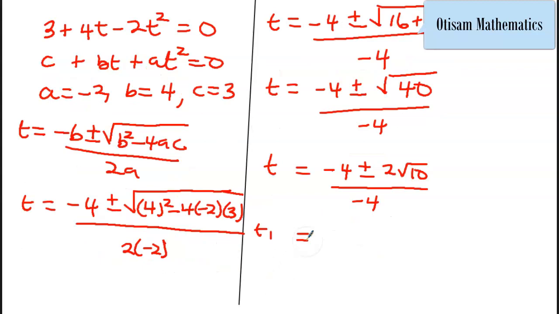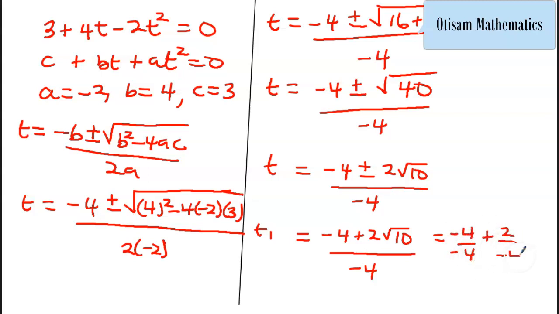So t1 is equal to minus 4 plus 2 root 10 over minus 4, which is minus 4 over minus 4 plus 2 over minus 4 root 10. So we are getting 1 minus 1 over 2 root 10. That is one value. Let's look at the other value.